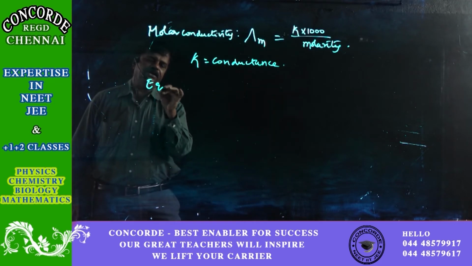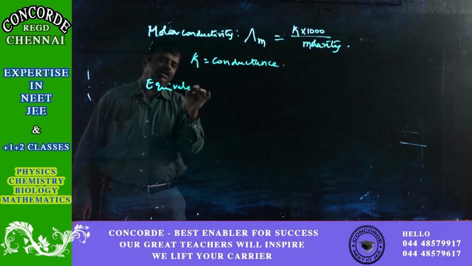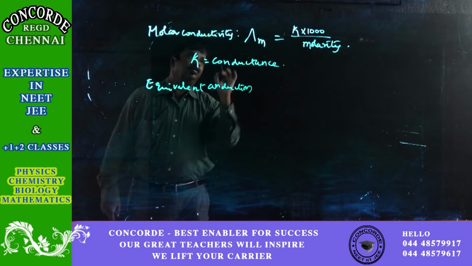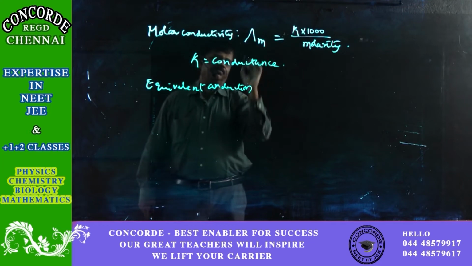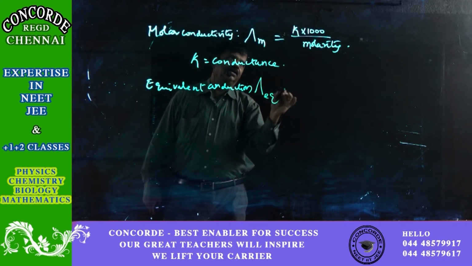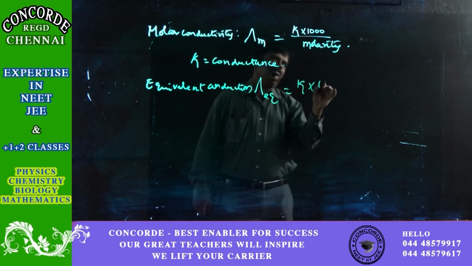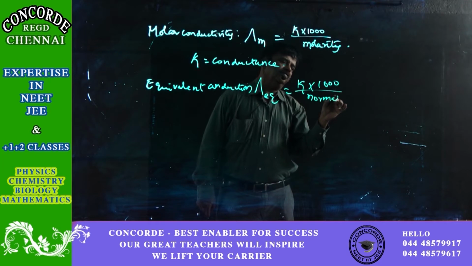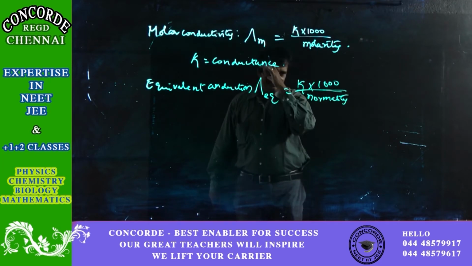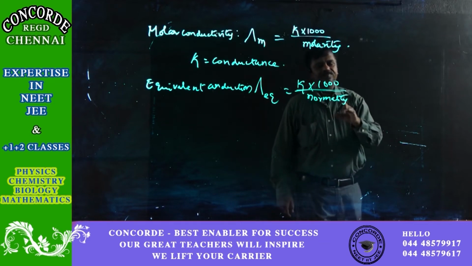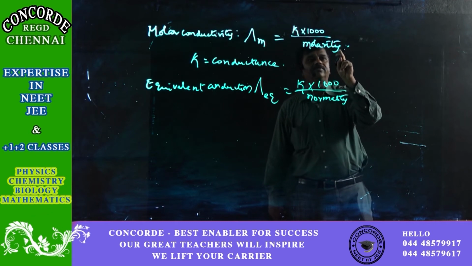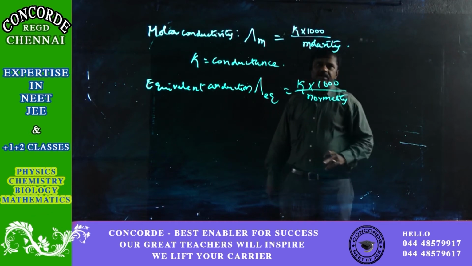Similarly, for equivalent conductivity, instead of molarity we put normality: lambda equivalent is equal to kappa into 1000 by normality. Normality is 1 gram equivalent of the solute in a liter of solution, whereas molarity is 1 mole of the solute in a liter of the solution.